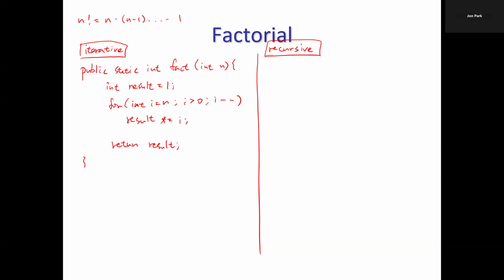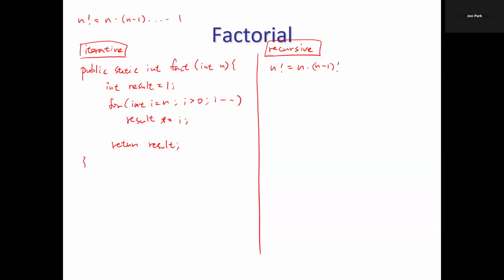Okay, now let's think about the recursive solution. So for this, let's first define what factorial is recursively. We defined it as n factorial is n times n minus 1 and so on and so forth. That's actually an iterative definition of factorial. To define it recursively, I can say, well, n factorial is just n times n minus 1 factorial.